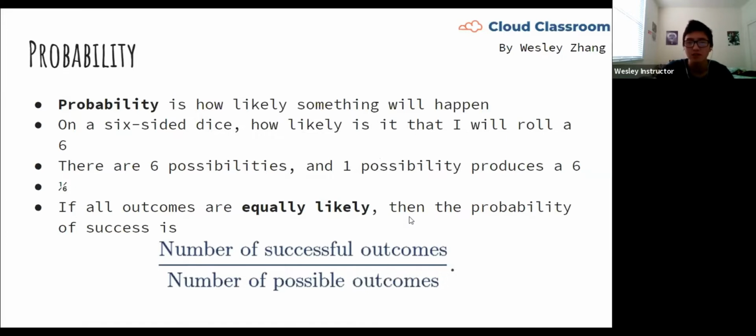So if all outcomes are equally likely, then the probability of success is 1 out of 6. And this only works when the outcomes are equally likely. On a 6-sided dice, each side is the same size, so each outcome will be equally likely.